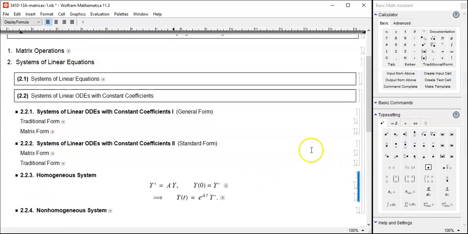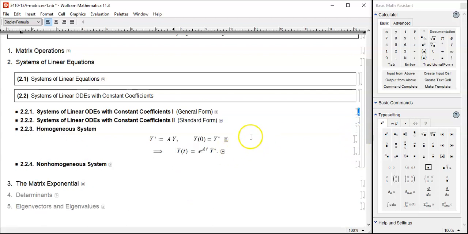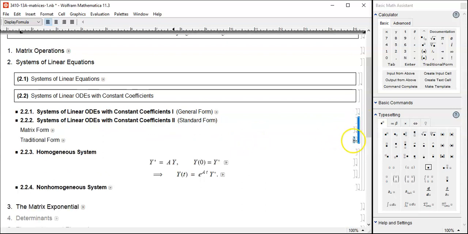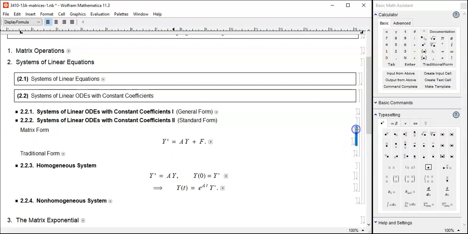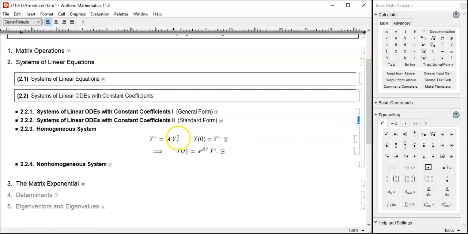Let's consider a special system of linear ODEs, a homogeneous case. Previously, this was the general, non-homogeneous case. We had this plus f. Let's suppose there's no such thing. Then we have a homogeneous equation.